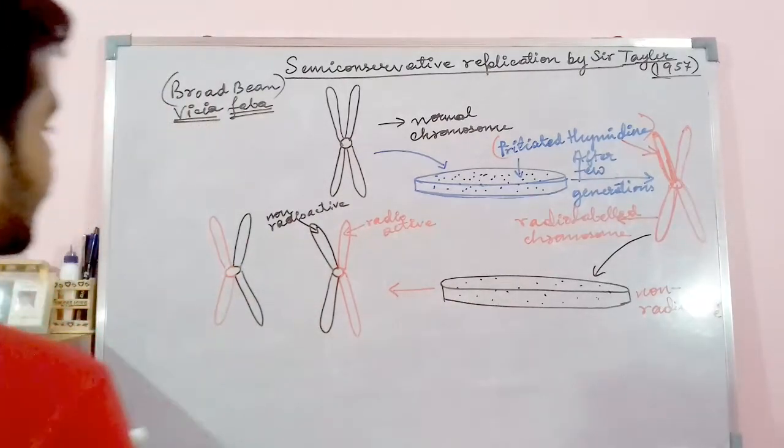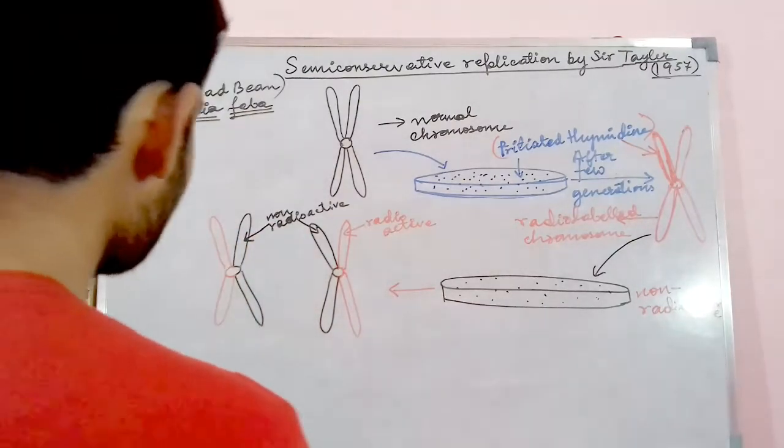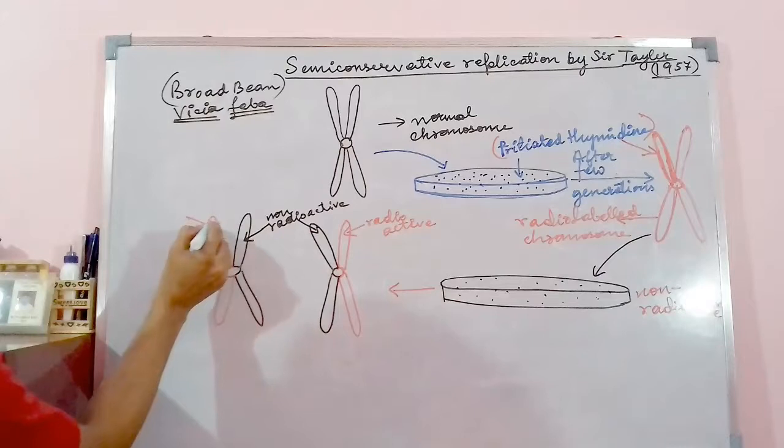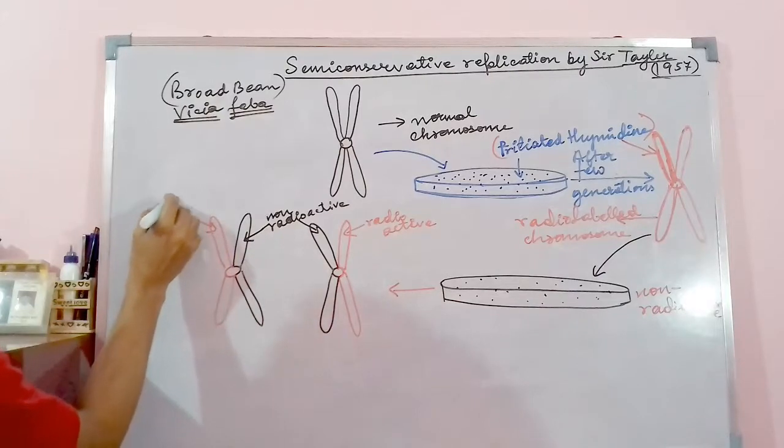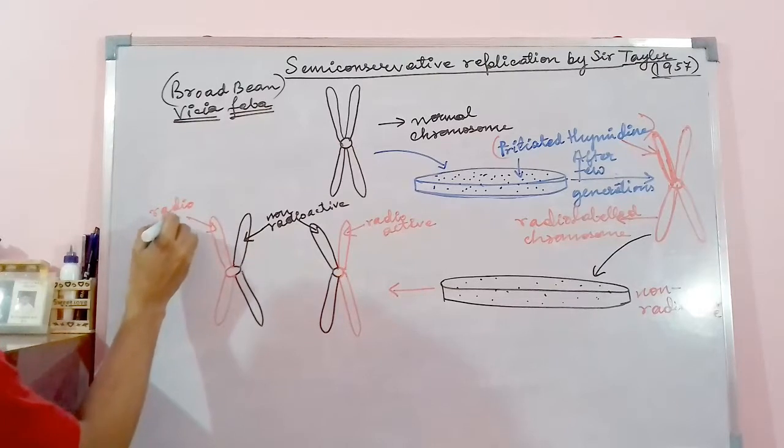So this black colored area is the non-radioactive zone. Okay, and again this part here is the radioactive section.